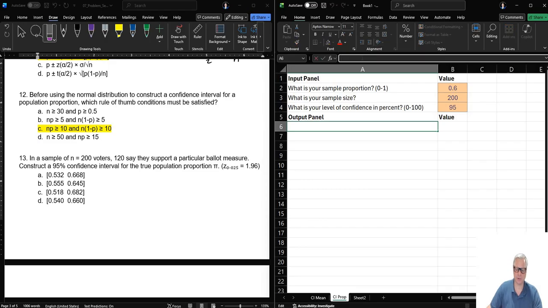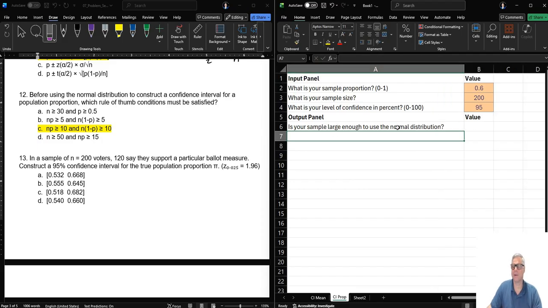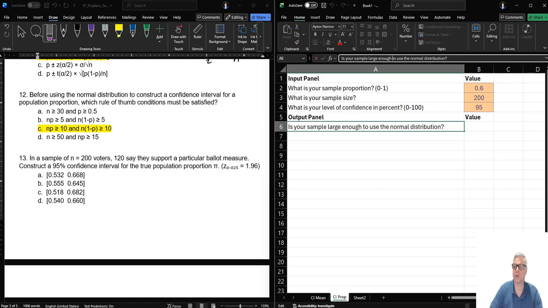We can answer the question, is your sample large enough to approximate or to use the normal distribution? Or is your sample large enough to assume normality? Then it's a little bit shorter. To assume normality.